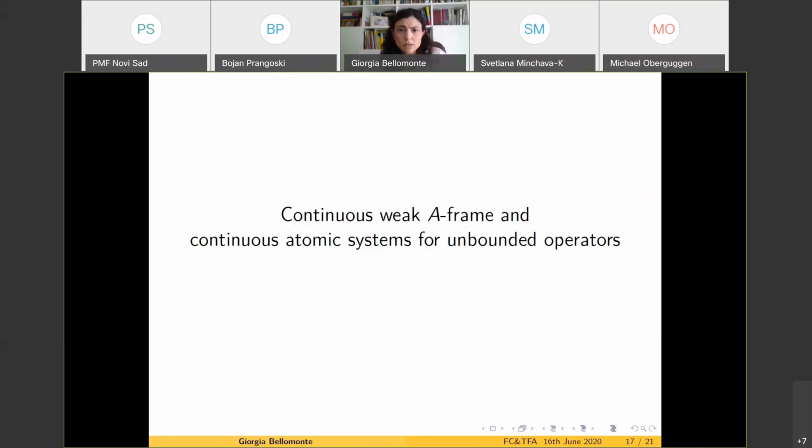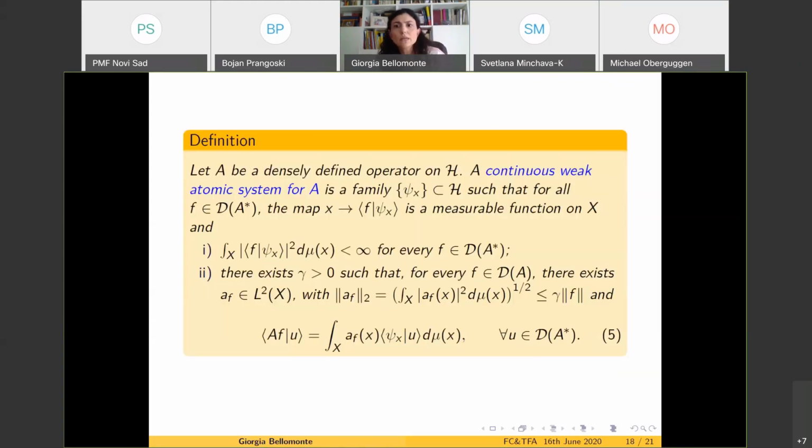Then Rosario Corso and I extended the notion of atomic system for a bounded operator to unbounded operators. We defined it as you can see here.